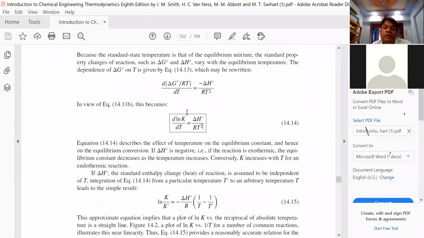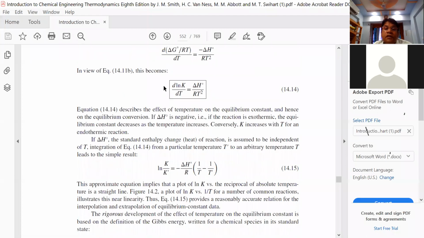It is known as the Van 't Hoff equation in chemical reaction equilibria. If you remember your Clausius-Clapeyron equation, it will be like this. If you remember your Arrhenius equation, it will be like this. So this form is very, very important; in many phenomena it is applicable.